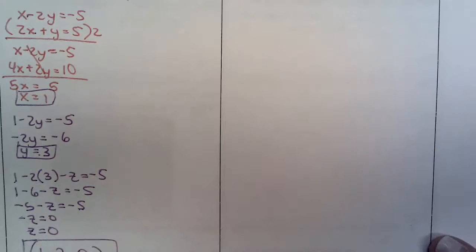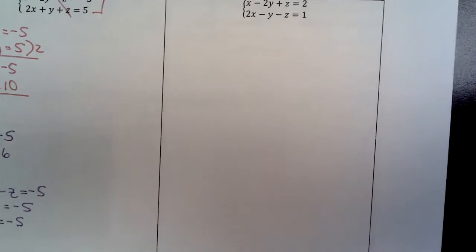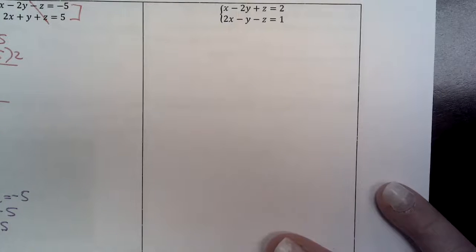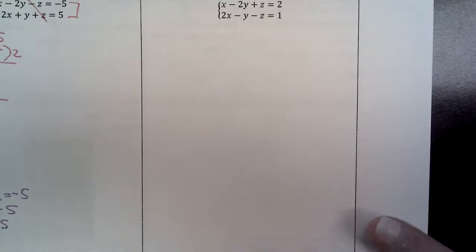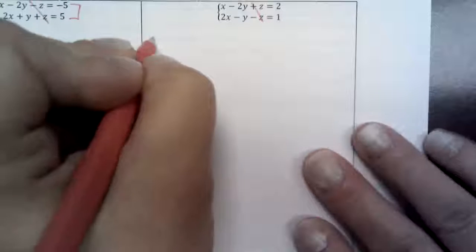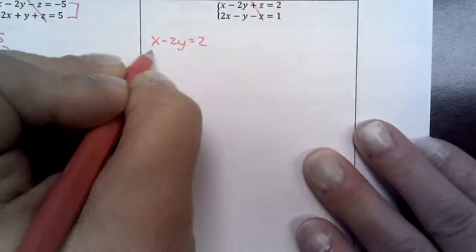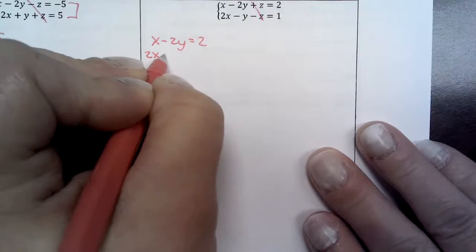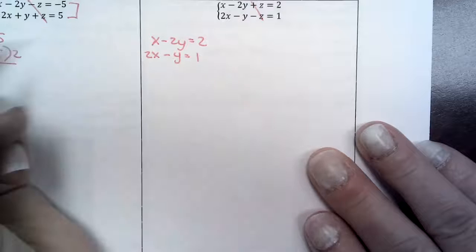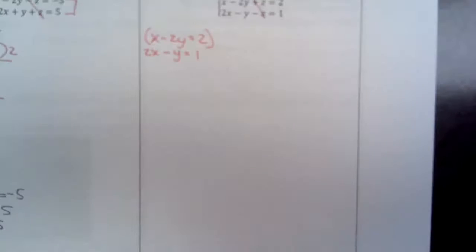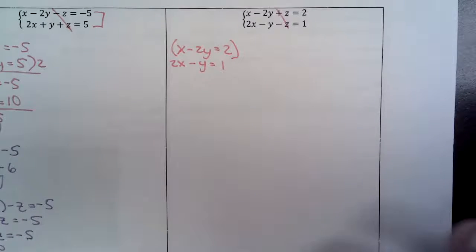And let's do one more with 2 equations and 3 unknowns. So I'm going to cancel that. I get x minus 2y equals 2. And I get 2x minus y equals 1. Okay, so I'm going to go ahead and get rid of the x first. Okay.